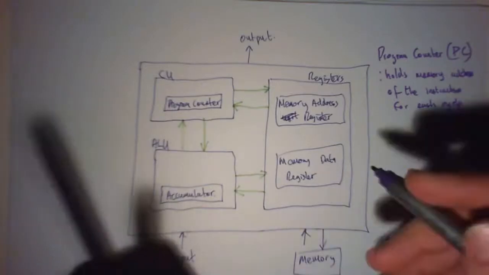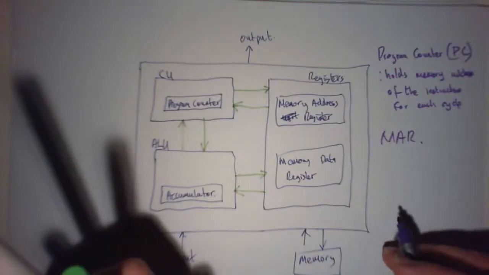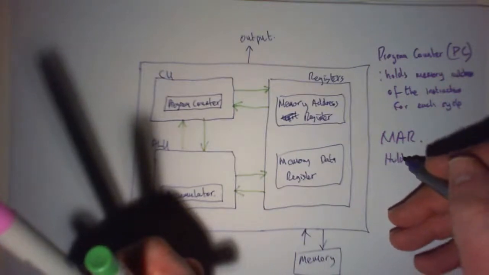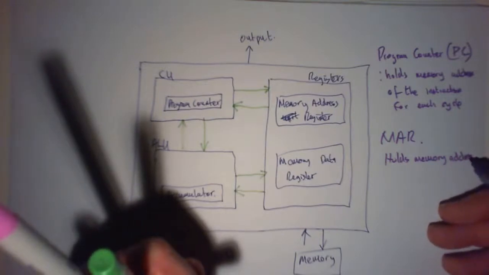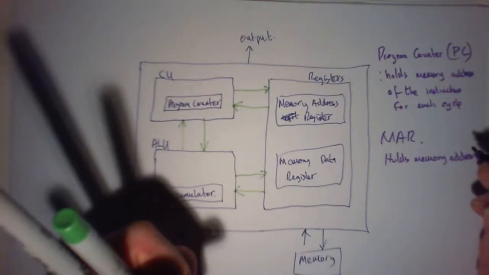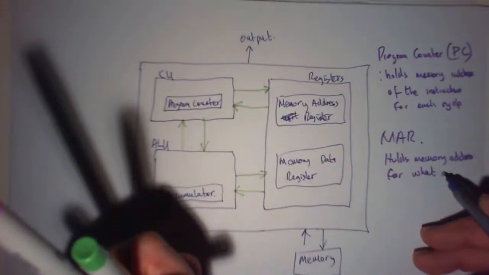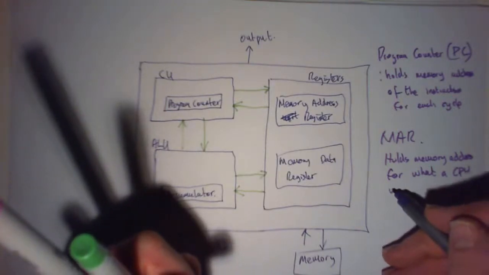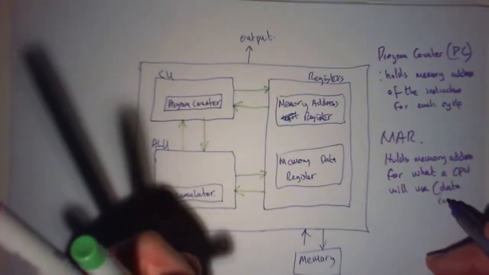The MAR, the memory address register, holds the memory address for what the CPU will use, for example, data or an instruction.